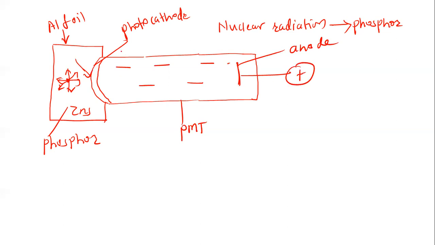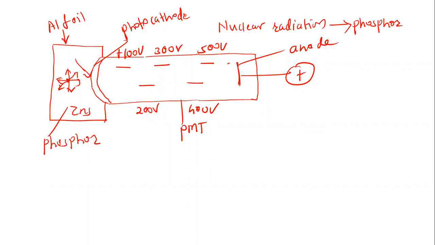Each dynode has an increasing positive potential. So this is the first dynode 100 volts, this is the second 200 volts, then the third 300, fourth 400, and fifth 500 volts. So there is increasing positive potential.